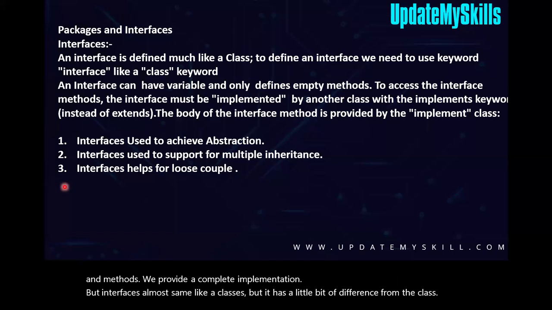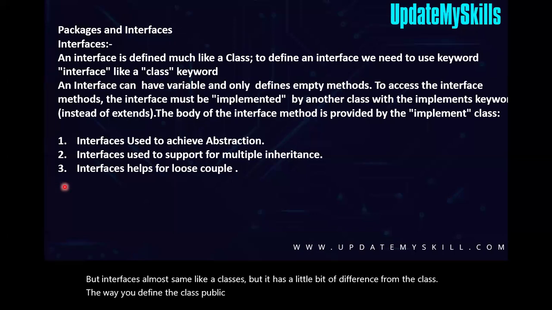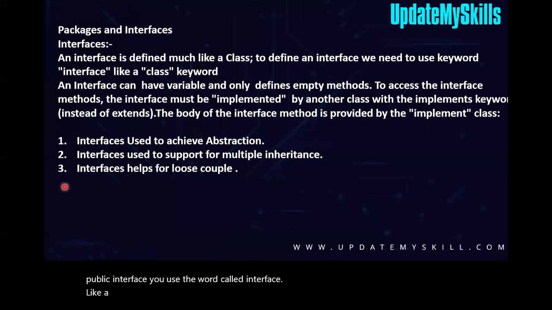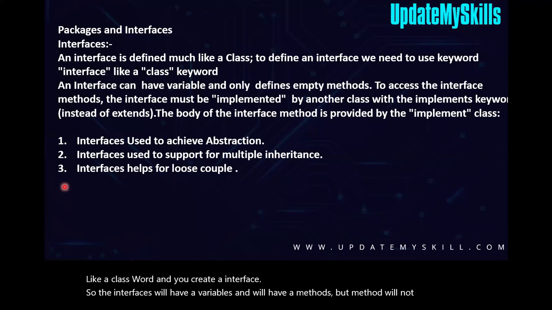The way you define a class is public class, then you write the class name. Similarly, for interfaces, public interface, you use the word interface like the class word, and you create an interface. So interfaces will have variables and methods, but the methods will not have an implementation.